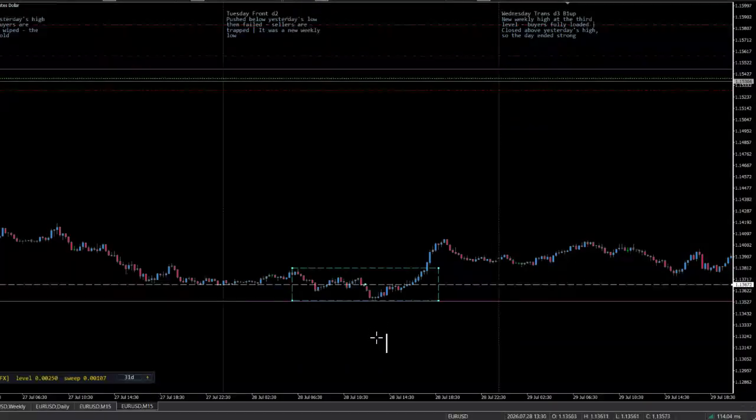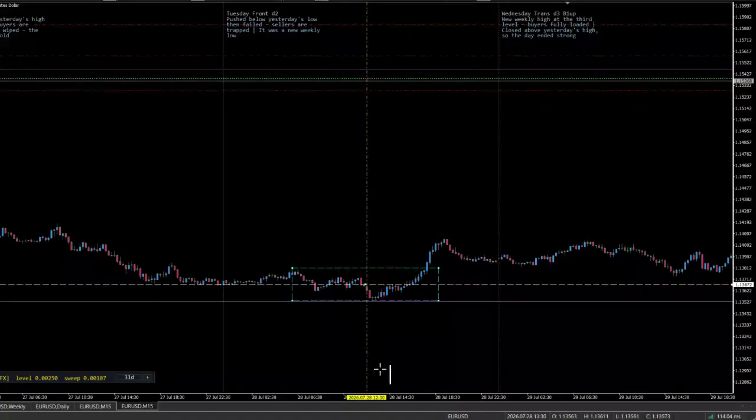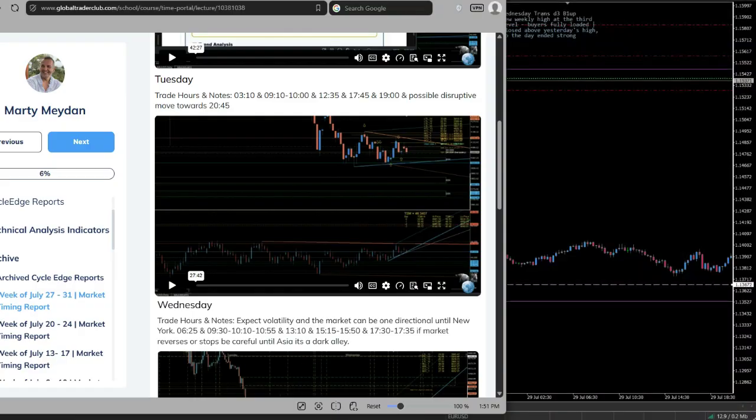Let's check them out. This is 12:35, guys. Market coming in to do that stop sweep, trapping everybody. And then I've got, what was it, 5:30. Market breaking out at 5:30. Nice and easy. Knowing the hours obviously helps.